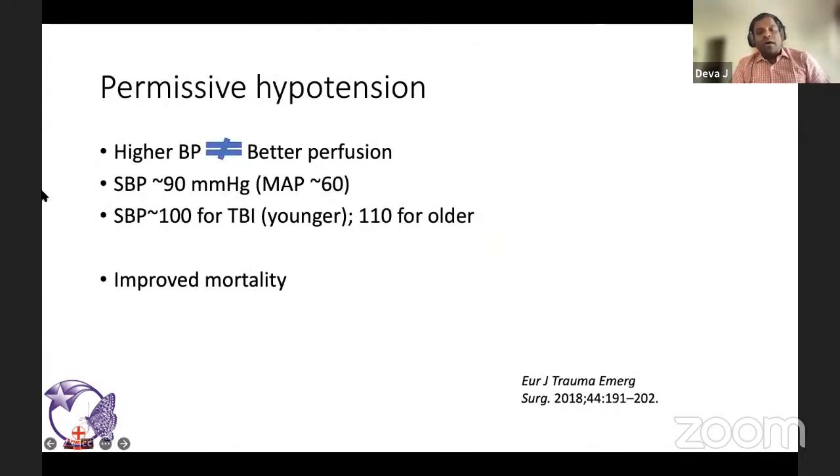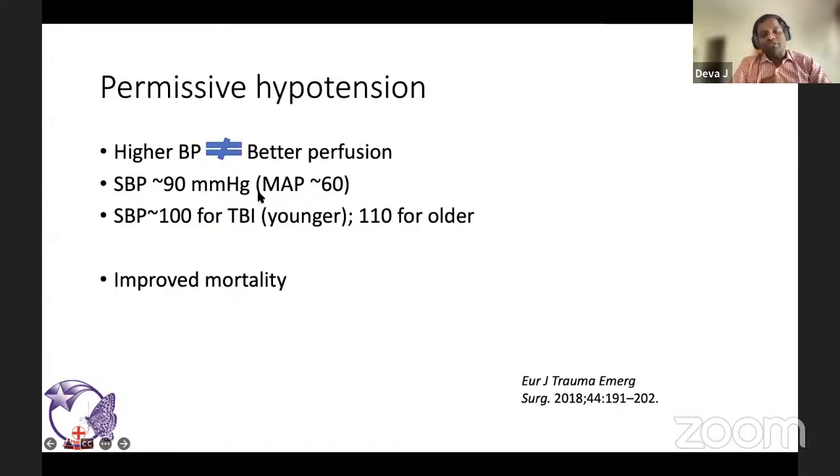A couple of slides on permissive hypotension. Higher blood pressure does not necessarily mean better perfusion. So you need to keep this in mind. BP and flow are different. Pressure and flow are different. Higher blood pressure will lead to the clot getting dislodged. So in trauma resuscitation, you have to allow permissive hypotension.